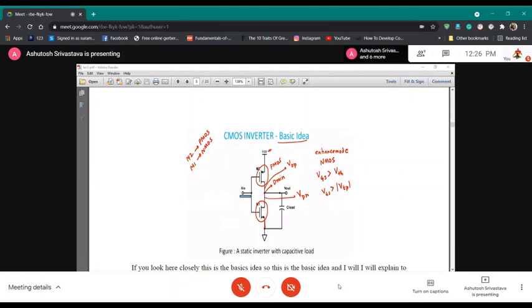So by transistor, we mean PMOS and NMOS transistors. So whenever we are talking about transistors, we are actually talking in terms of PMOS and NMOS transistors or the CMOS transistor. So everything can be translated into CMOS technology.